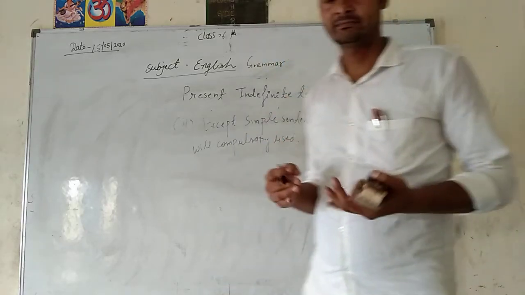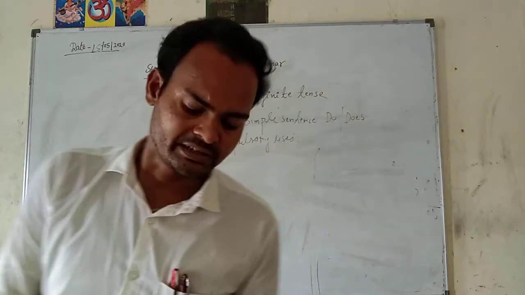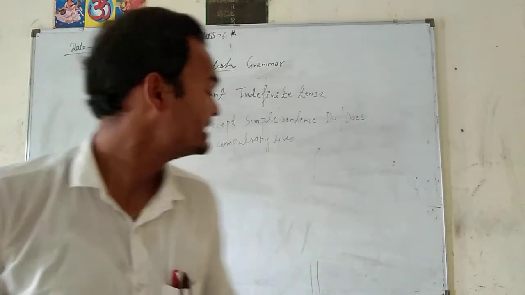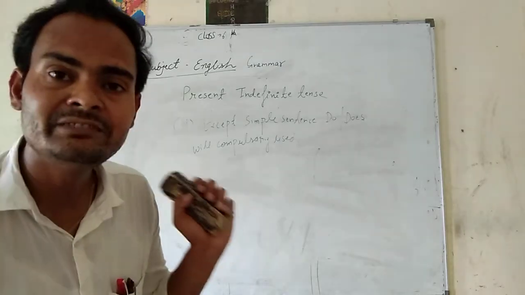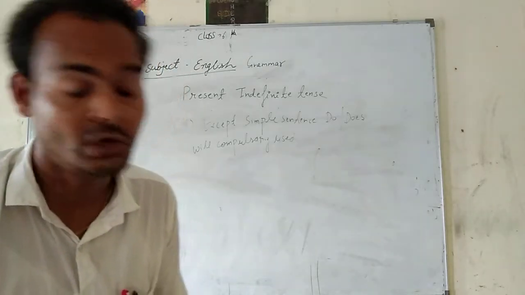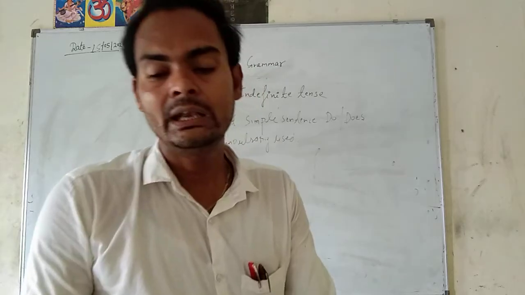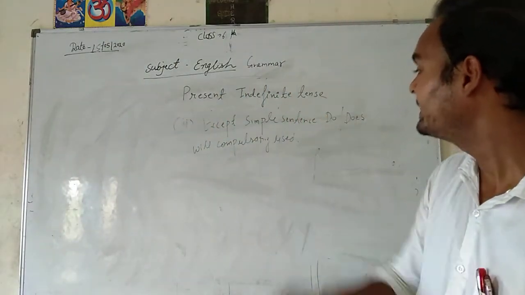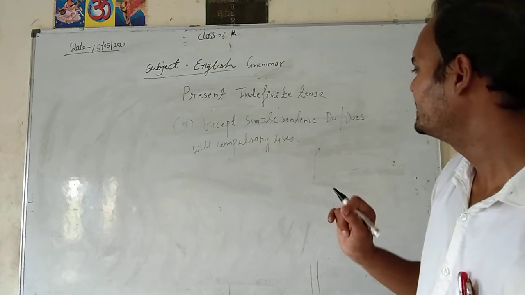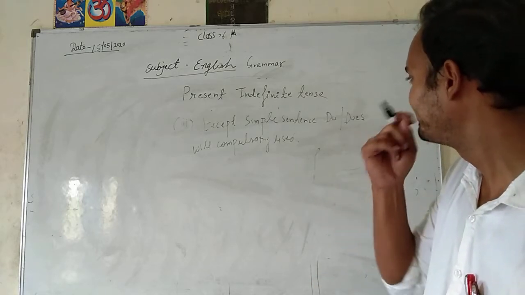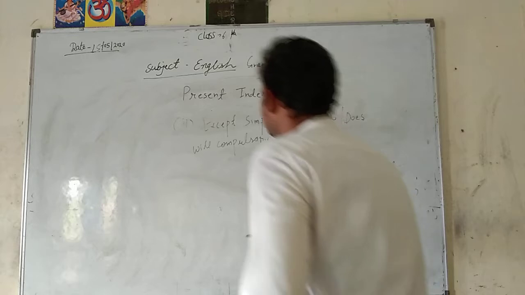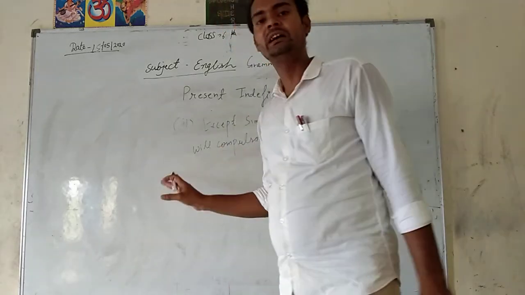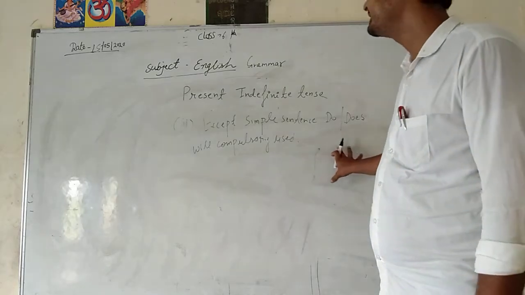Except in a simple sentence, if we see a negative sentence, an interrogative sentence, or an interrogative negative sentence, the use of do and does will be compulsory, but not in a simple sentence. Okay, this has to be understood. So these three rules are important for present indefinite tense.